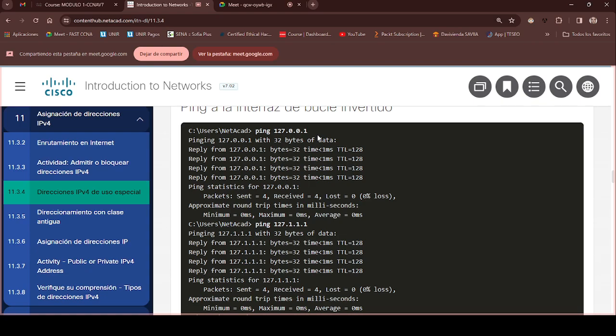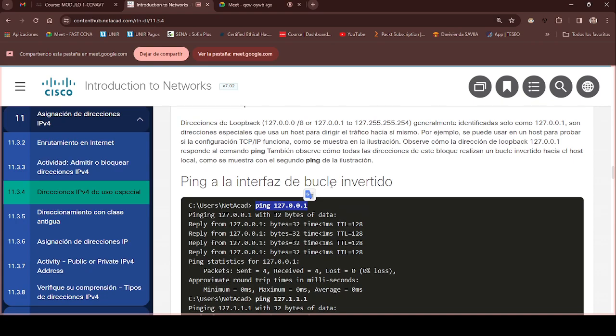Por eso nosotros solemos, para probar el funcionamiento de nuestra interfaz o de nuestro software IP o para acceder a servicios que tenemos instalados en nuestra propia máquina, hacerlo utilizando la dirección 127.0.0.1. Por ejemplo, aquí se está haciendo un ping a la 127.0.0.1. Pero da lo mismo hacerlo a la 127.0.0.1 que a la 002, 003, 004 o inclusive a la 127.255.255.254.